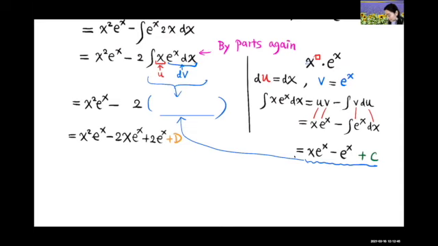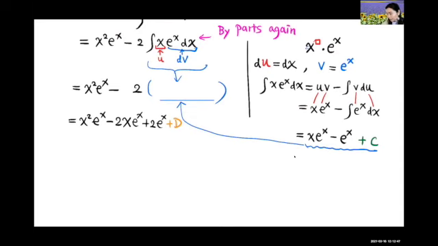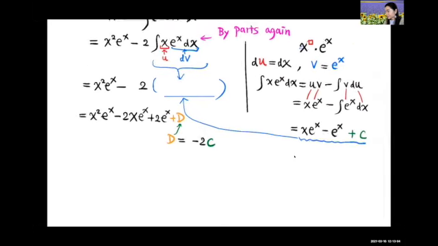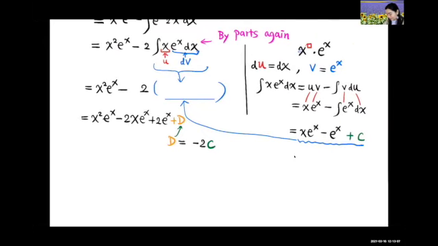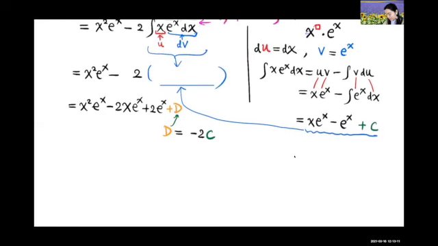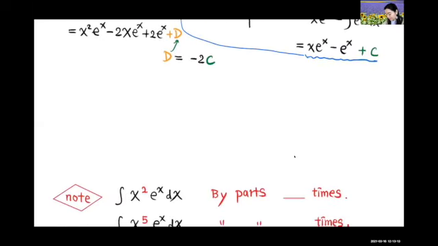Okay, what is this d? The d here is equal to negative 2 times this constant c. Okay, so this one you use integration by parts twice. Now if you go down over here, you take a look.